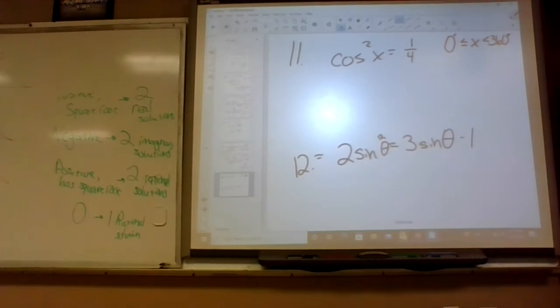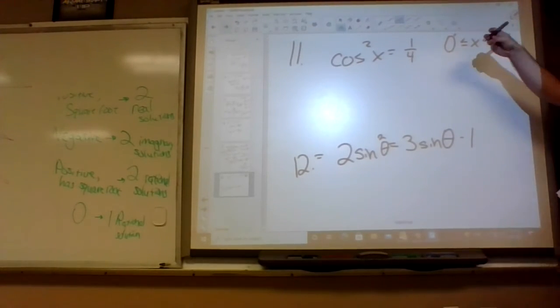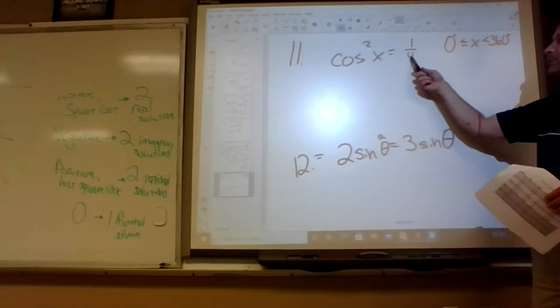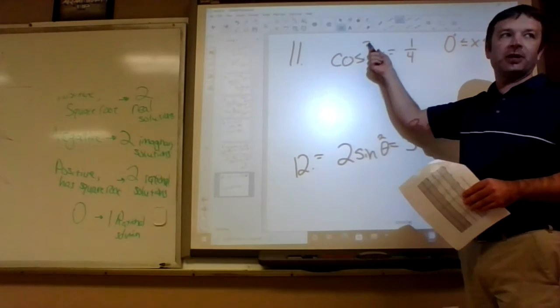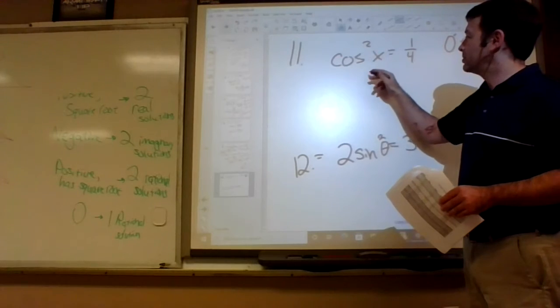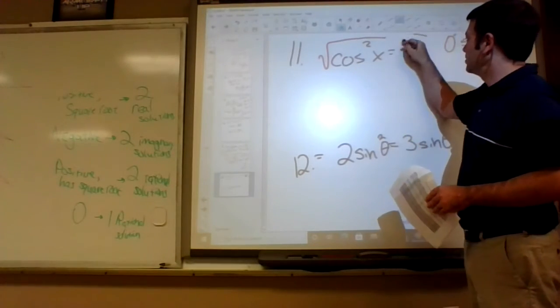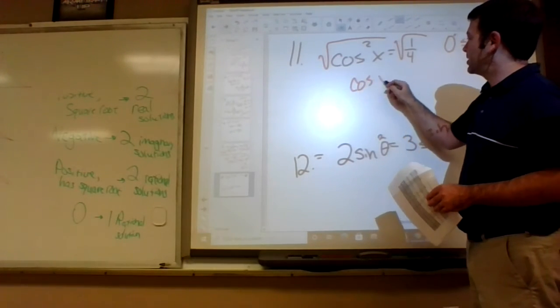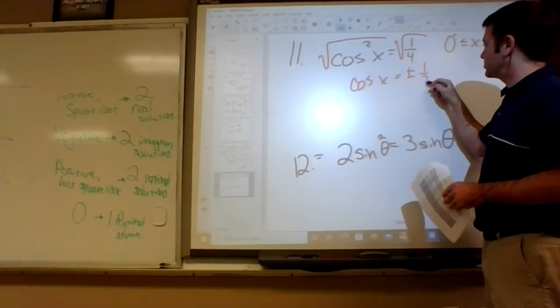Okay, so if we have cosine squared equals 1/4, how do we get rid of the square? Square root. When you square root though, it becomes cosine equals plus or minus 1/2.